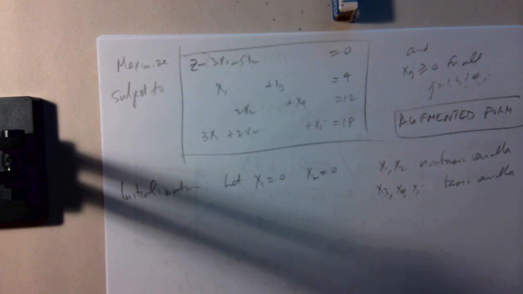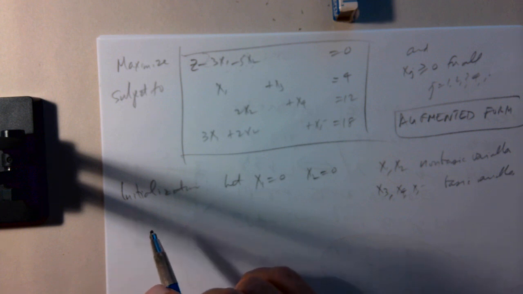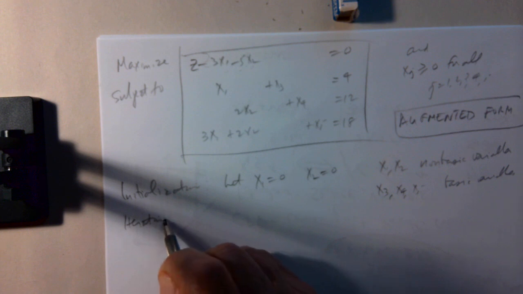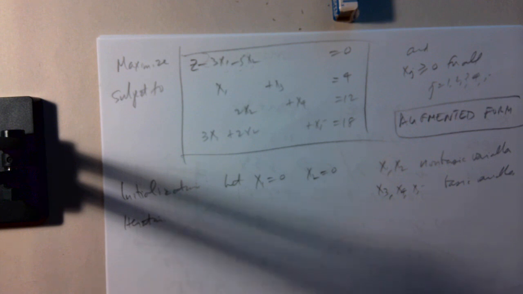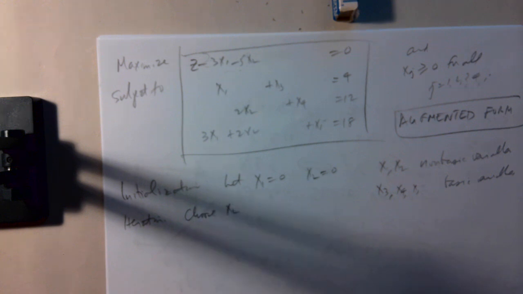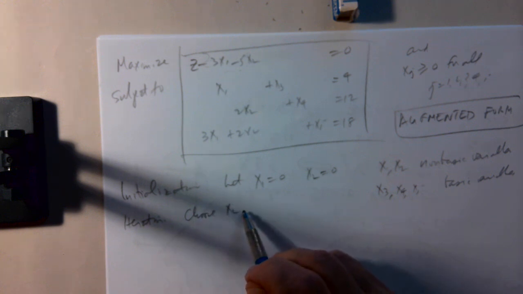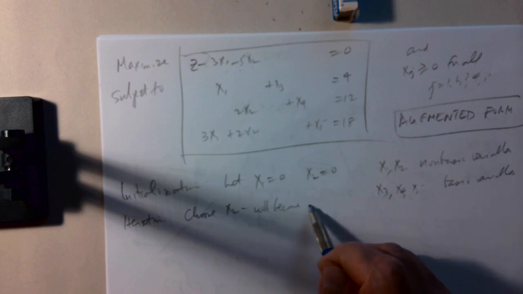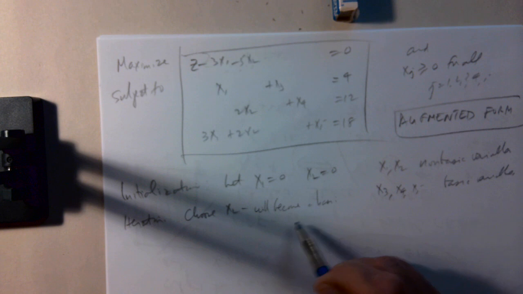So our next step, this is the first iteration, we choose x2. So x2 will become a basic variable.